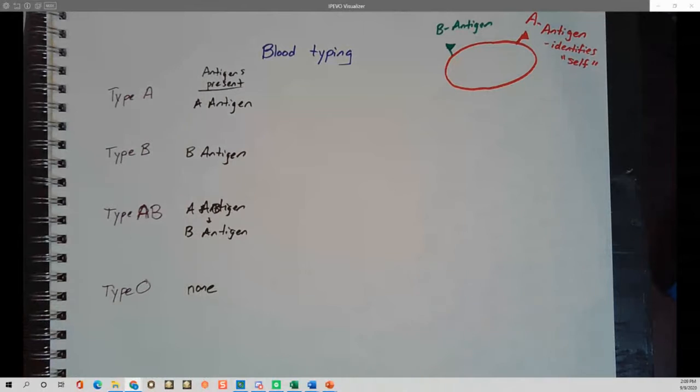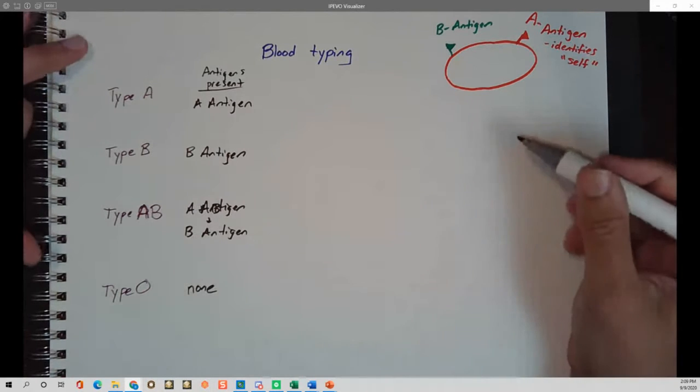Sweet. All right, cool. How does this identify as self? Well, what you have in your body that runs around and identifies the different flags is your immune system, and more specifically, your lymphocytes.